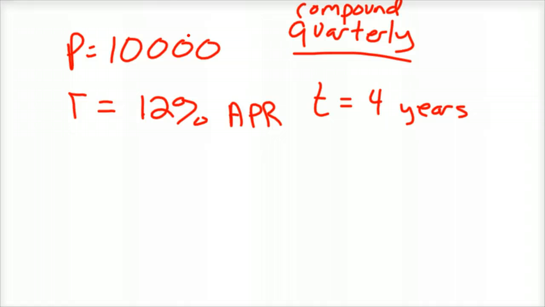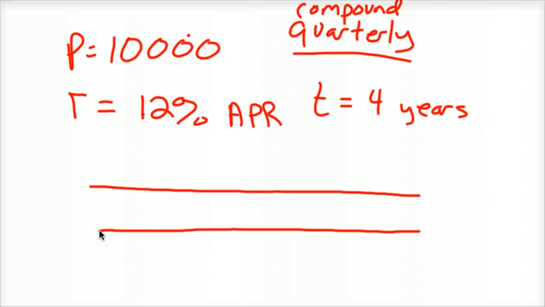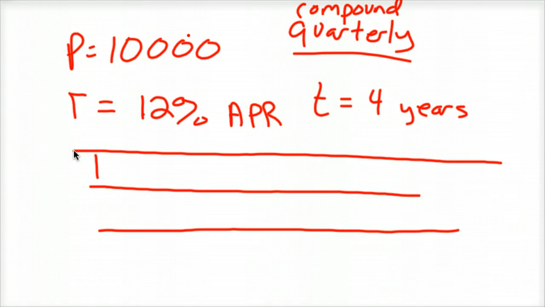So, our interest for each quarter, if you were to set this up, we'll get it started, and you could go ahead and finish this, but I am going to show you a formula where it all comes together. So, our first year, we're at $10,000 like we were before.